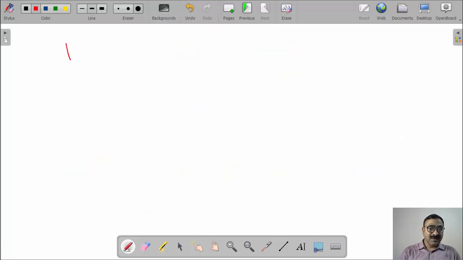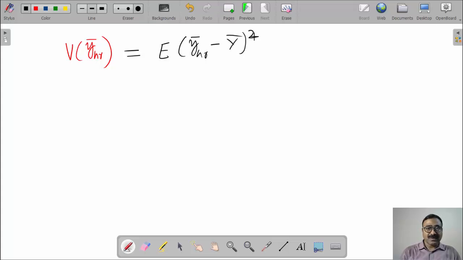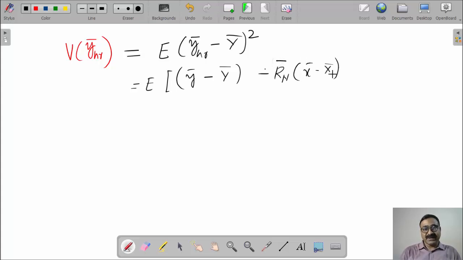So for the variance we consider the expectation of y HR bar minus y bar whole square, that is equal to the expectation of y bar minus y bar minus Rn bar into x bar minus x bar, whole square.